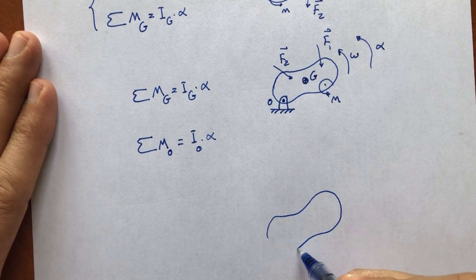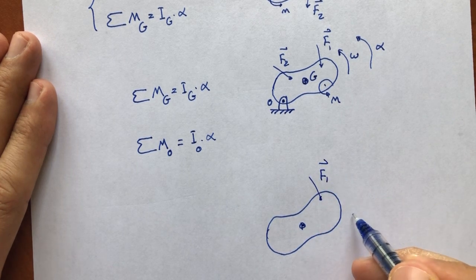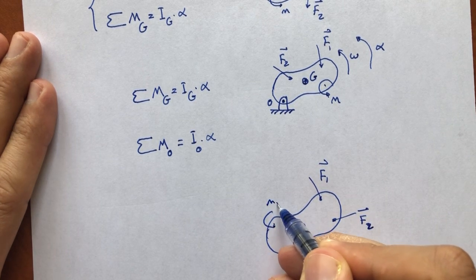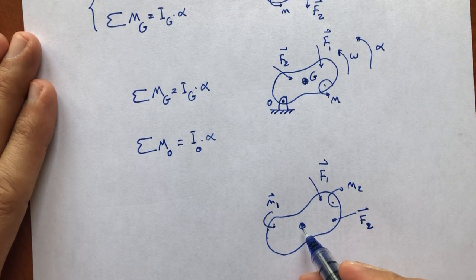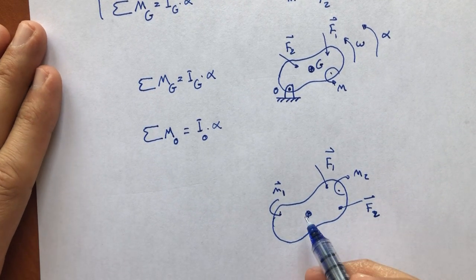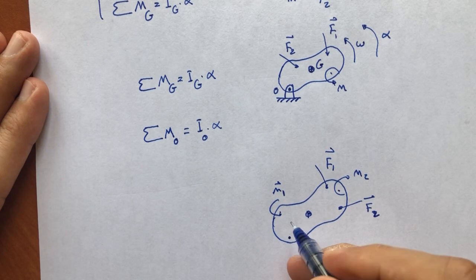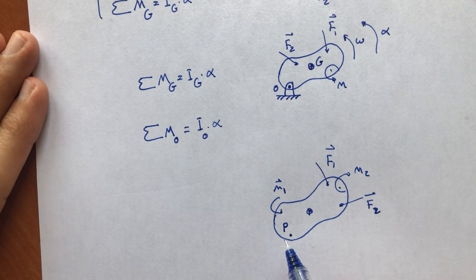If I have a rigid body, again with some forces on it, maybe moments, and for some reason, I don't want to take the moment about G. I want to take a moment about another arbitrary point like point P, for example. But the point P is not pinned to the ground like the previous case. Can I take the moment about point P? Yes, there is an equation for that specific case.